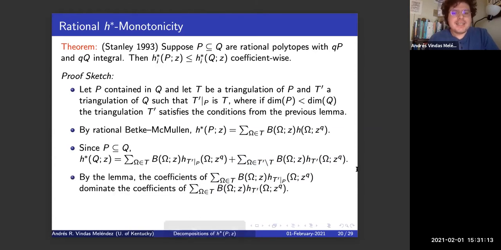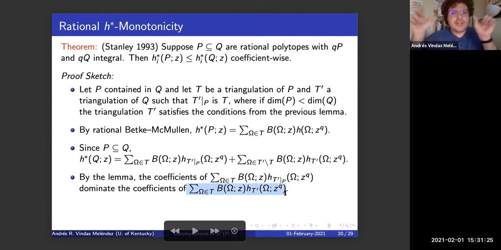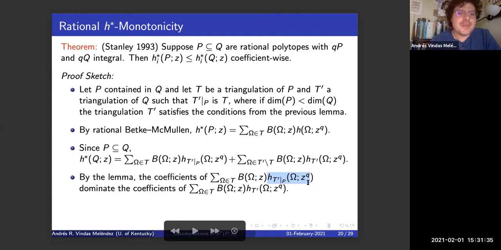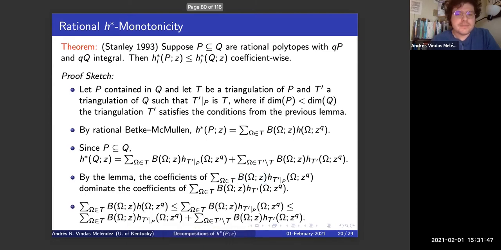By the lemma, now I know that the coefficients of the stuff that matters with P are dominated by the general bigger stuff in T prime, okay? And why is this? Well, the previous lemma told us that the H polynomials dominate each other. And when we multiply by box polynomials, we're just shifting things, and the coefficients still remain the same because these all have coefficient one, okay?